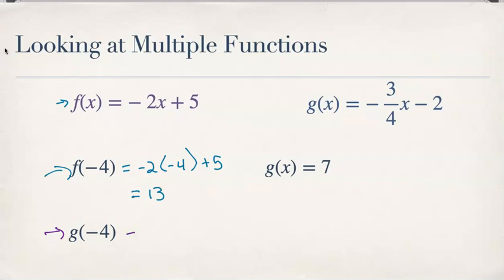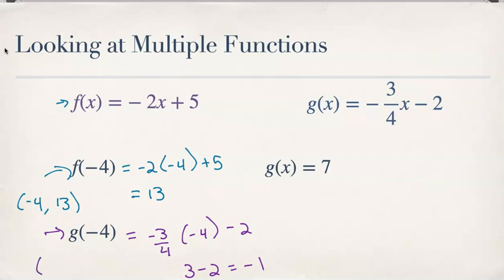So I'm saying -3/4 times -4 minus 2. Well, 3/4 of 4 is 3, so this is 3 minus 2, which is -1. So for f of -4, when I input -4, I get out 13. For g of -4, when I input -4, I get out -1.